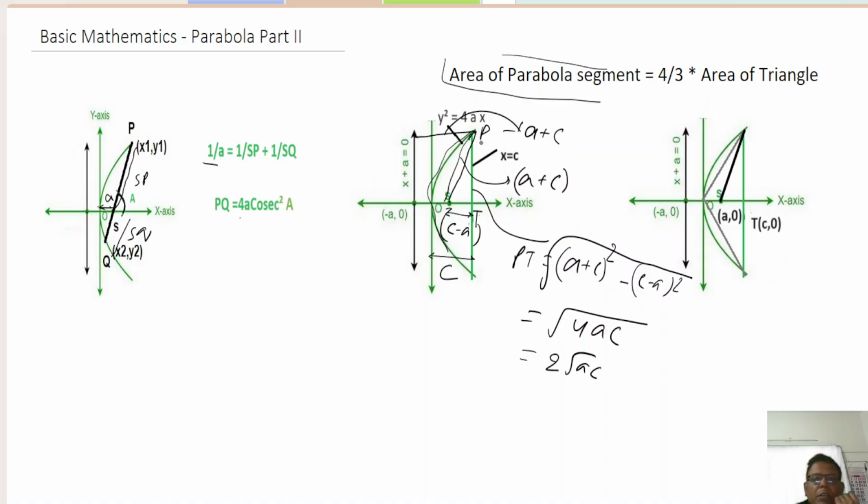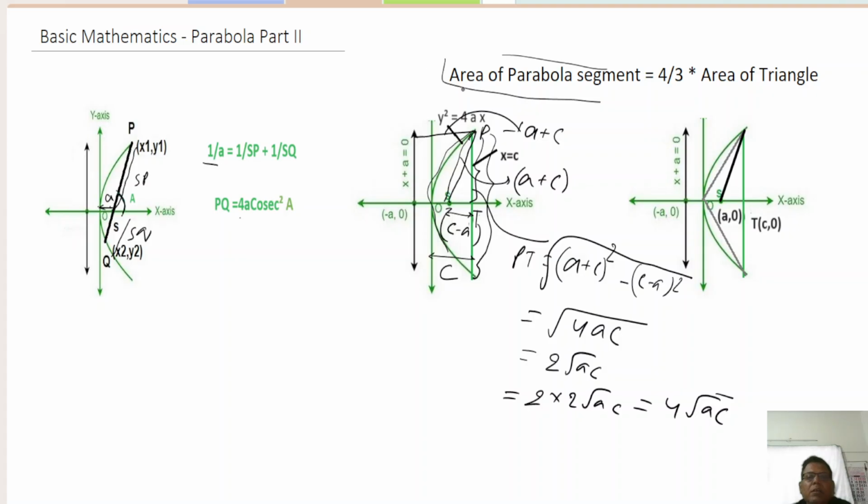So this is this distance. So the full distance is 2 into 2 root ac, that is equal to 4 root ac.